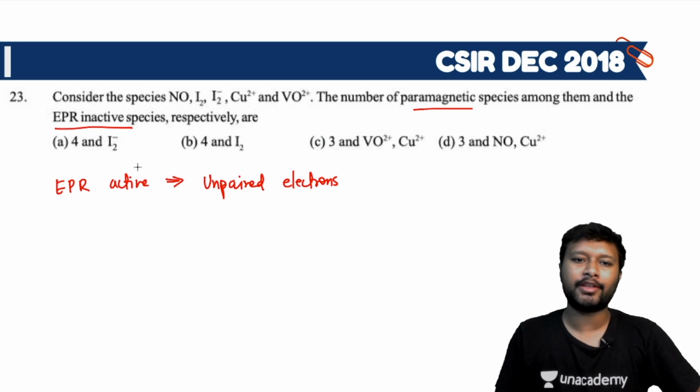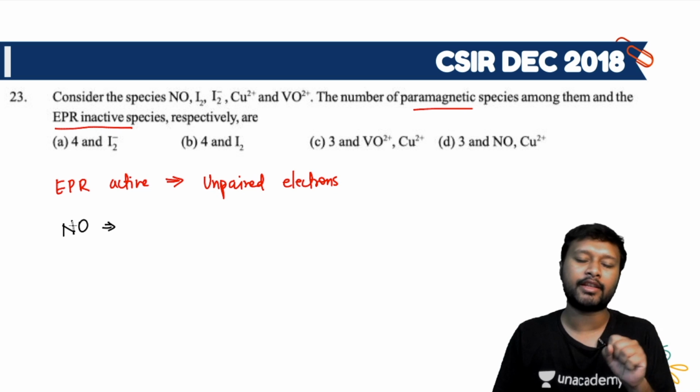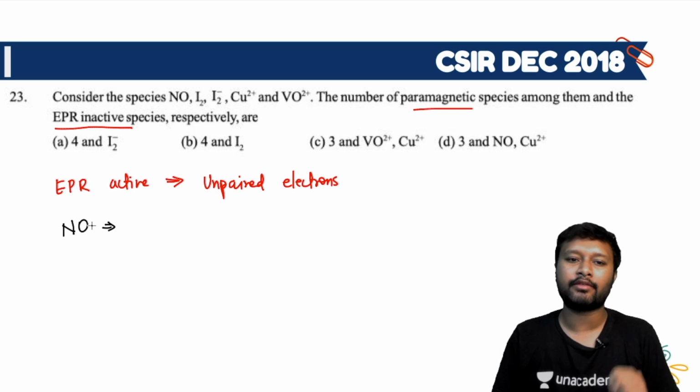Now if I talk about NO, how many total valence electrons do I have in this case? Nitrogen has 7 electrons and oxygen has 8 electrons. If I just talk about valence electrons, nitrogen has 5 valence electrons, whereas oxygen has 6 valence electrons.